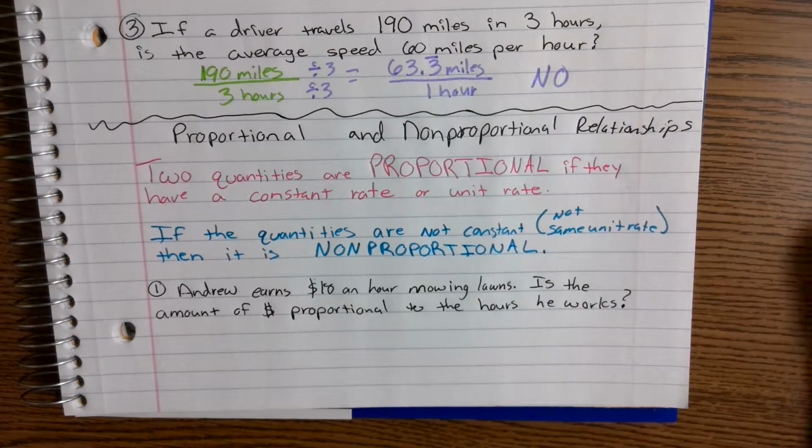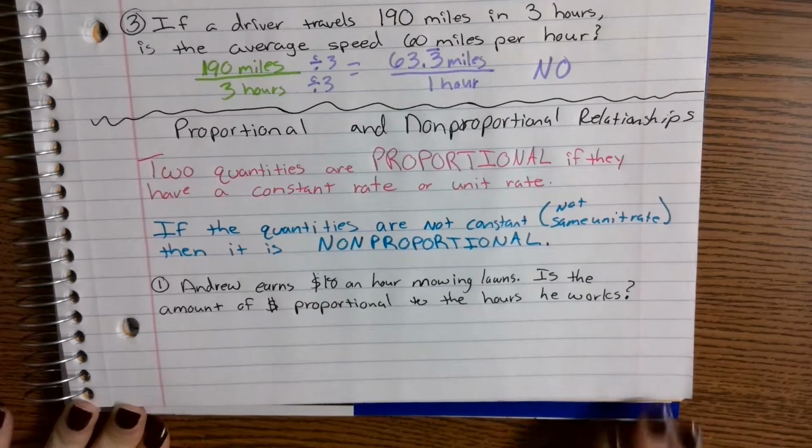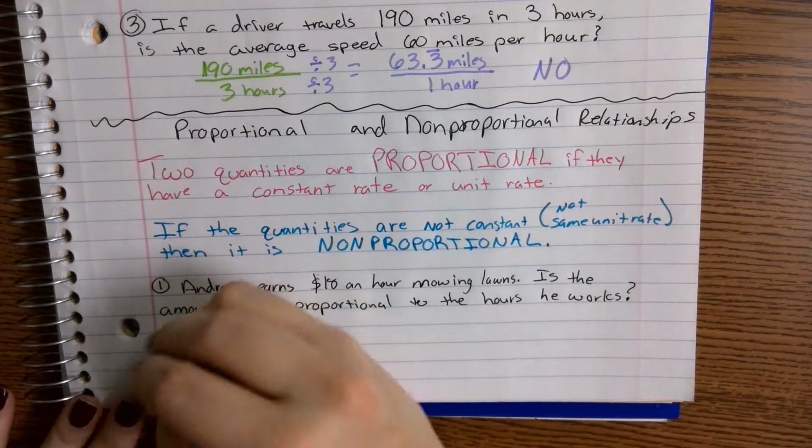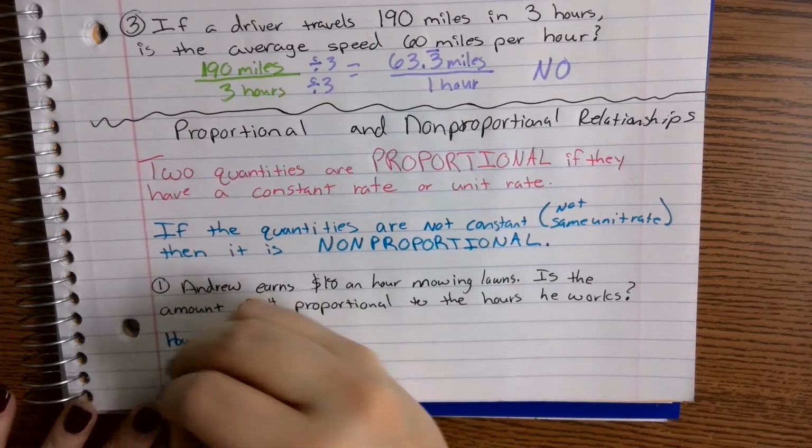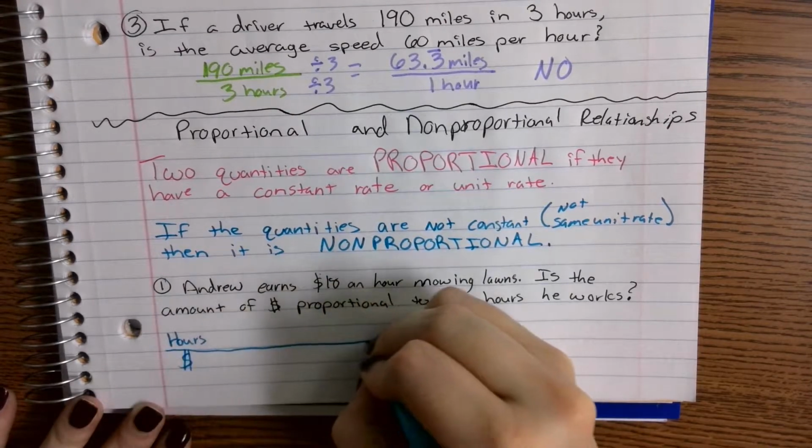Is the amount of money going to be proportional to the hours that he works? So we're talking about the hours compared to the money. So we're going to make a little table.